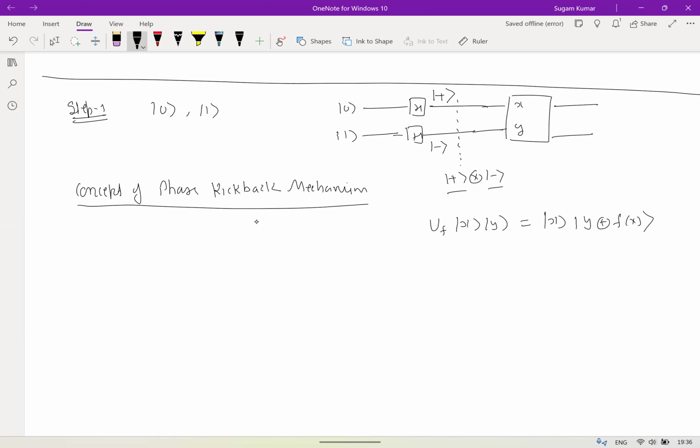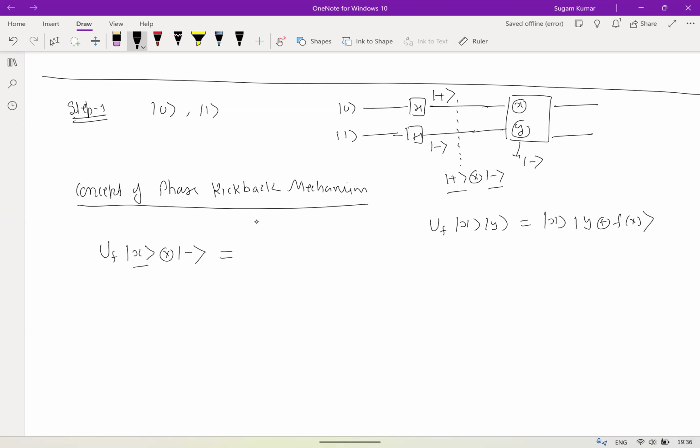Now see, I'm just taking one special case. What happens if I apply U_f on X and the minus state?